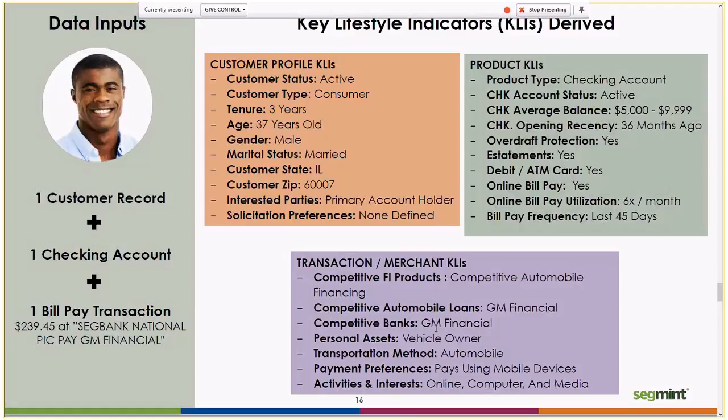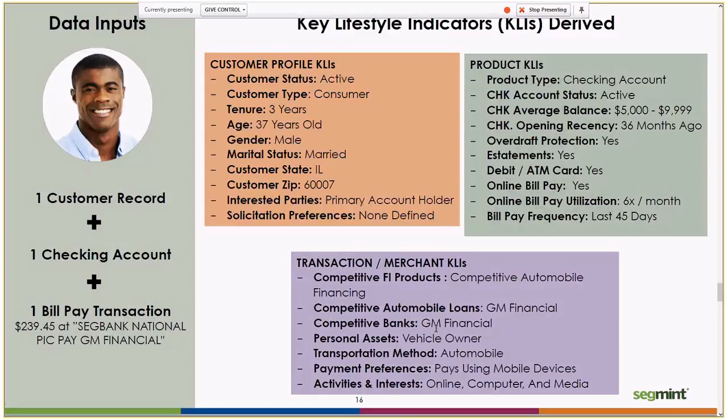You can see these are the different buckets of key lifestyle indicators we're extracting and making available to you as the institution in an automated way. We know very quickly from a customer record, this is blocking and tackling information, basic fundamentals. We know that this is a 37-year-old male. We know where this member resides within your footprint.